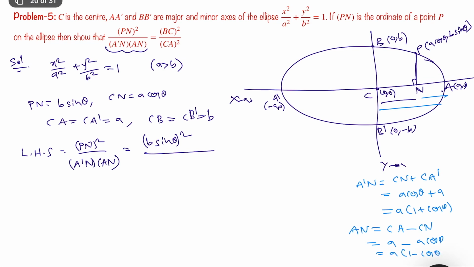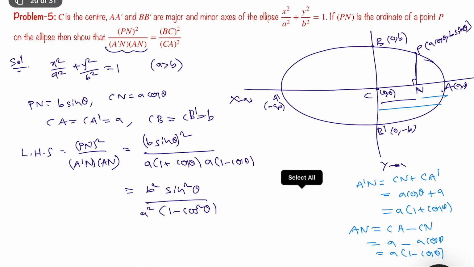So this A dash N I can write as A times (1 plus cos theta), and this AN we can write as A times (1 minus cos theta). Okay, so now we have B square sin square theta by A square (1 minus cos square theta).